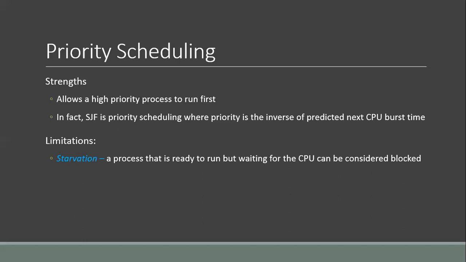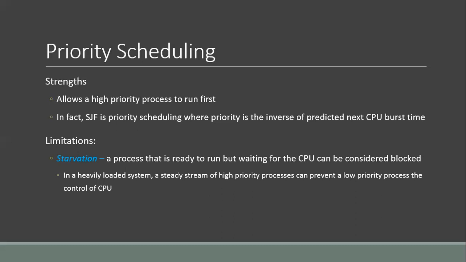This means there is a process in the ready queue waiting for CPU allocation. However, this process has been waiting for an indefinite time because there are other high priority processes in the system which are being allocated the CPU. So in this situation, this low priority process has been starving.